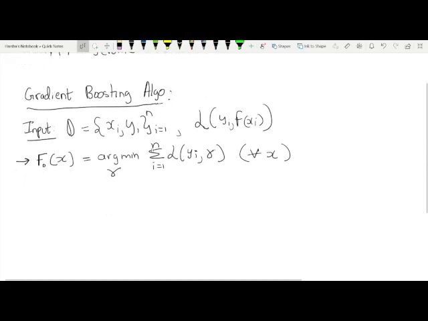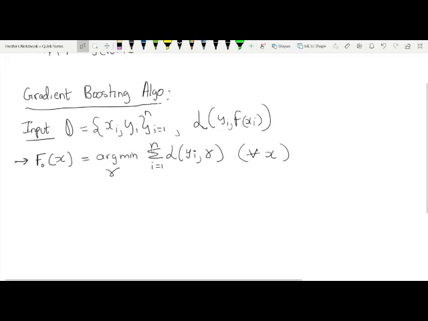The next step is to create a new model called f1, but how do we do this? We'll calculate what are called pseudo residuals. When I take an example of a specific loss function, you'll see why these quantities are called pseudo residuals. But till then, just assume they perform the same role as residuals in the general boosting algorithm.